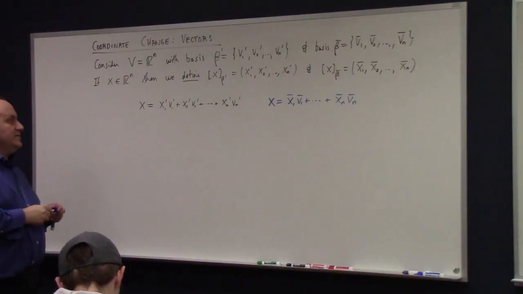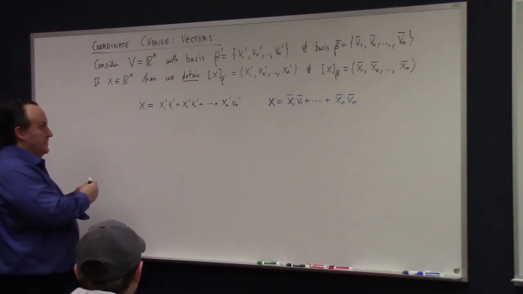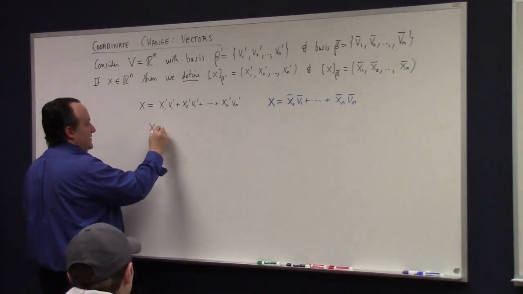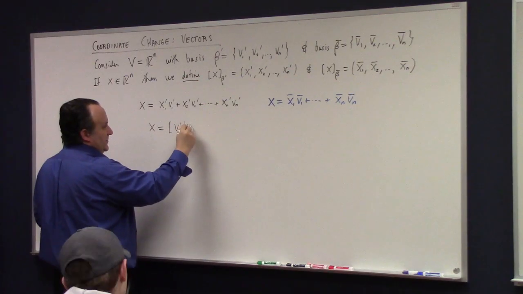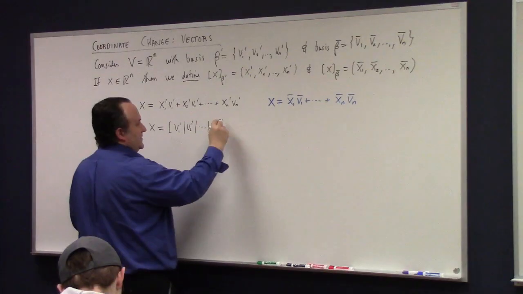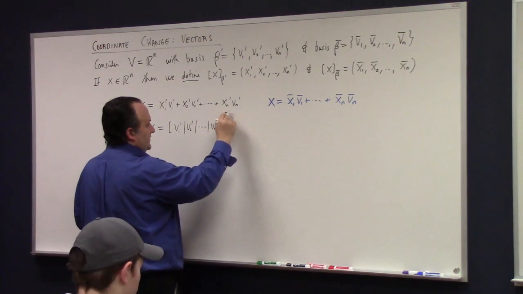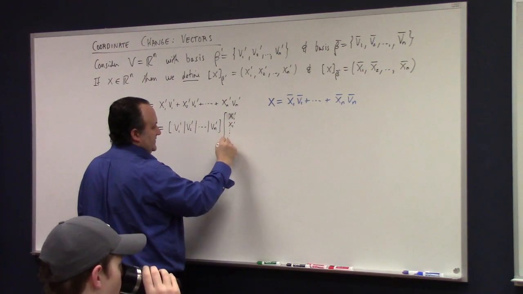Now, both of these we can repackage as a matrix calculation, right? We can write x is equal to the matrix v1 prime, v2 prime, vn prime, times the vector x1 prime, x2 prime, all the way on down, xn prime.